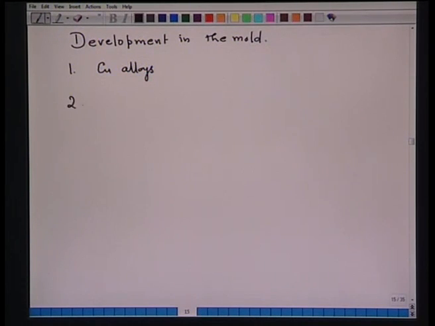Second, mold tapering is also commonly done. Tapering of the mold is important for easy withdrawal of the partially solidified strand from the mold.